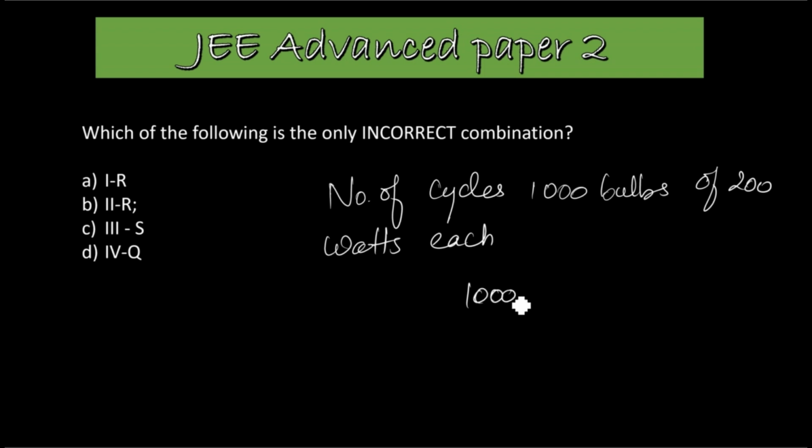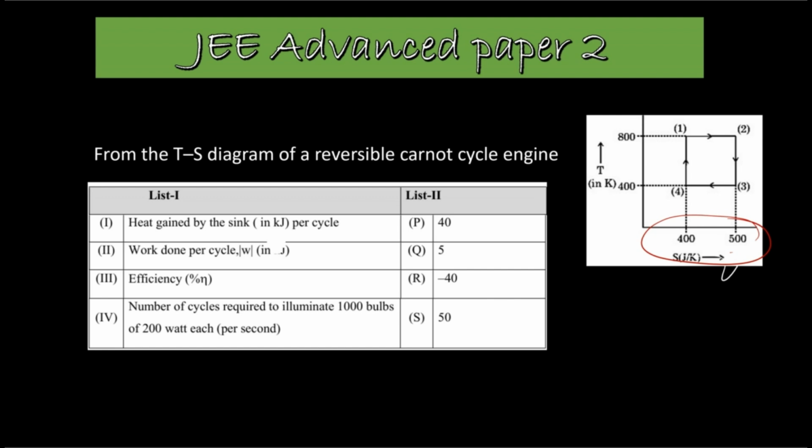So 1000 into 200 divided by our value of W, which is 40,000, equal to 5.